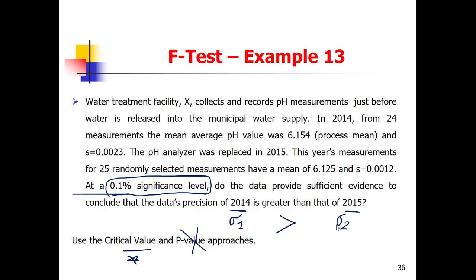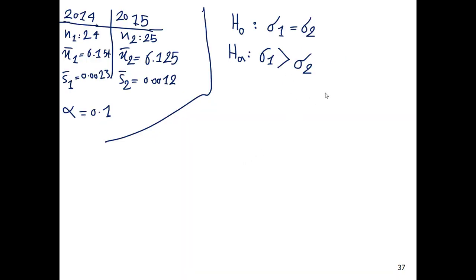This one here that you see, 2014 bigger than 2015. So is it a left tail, two-tail, or right tail?